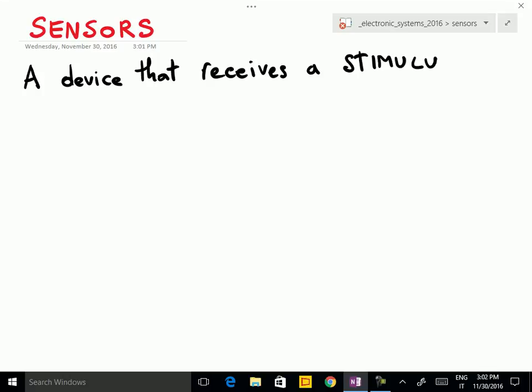A sensor is a device that receives a stimulus and responds with a signal.